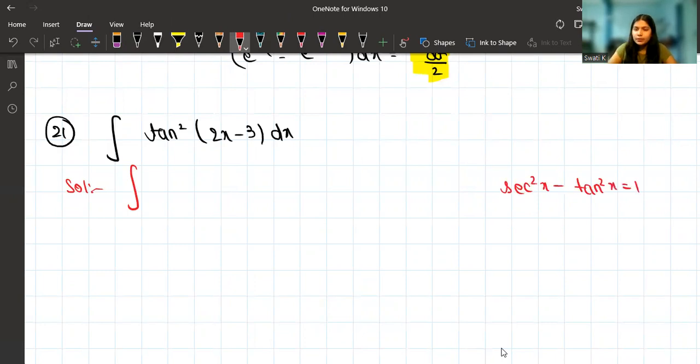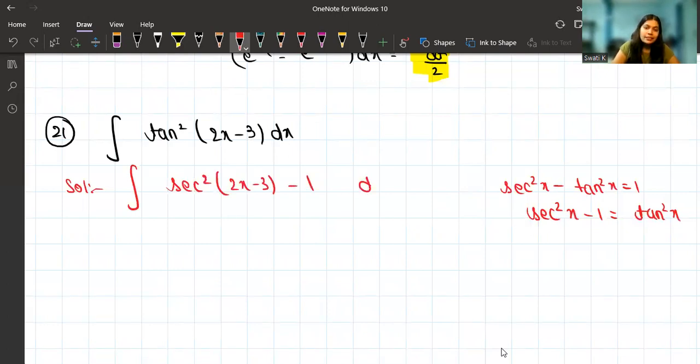So from here, can we not write down that sec square x minus 1 is tan square x? Yes. So using this formula, tan square 2x minus 3 will become sec square 2x minus 3 minus 1 dx.